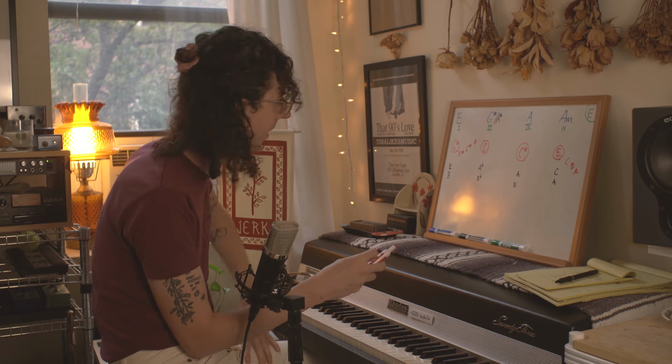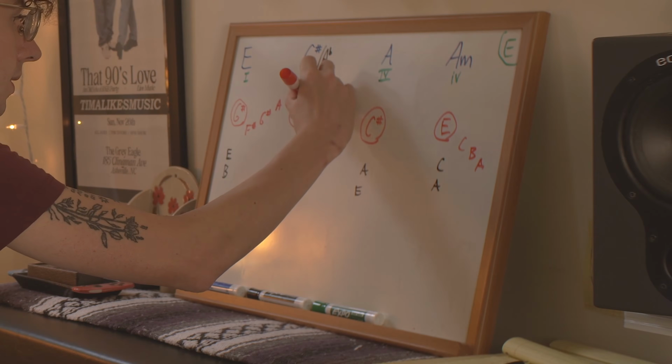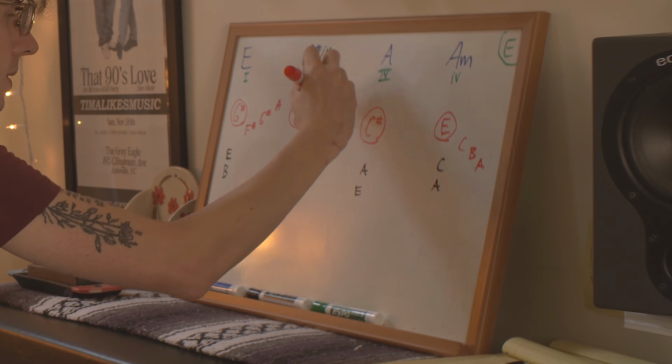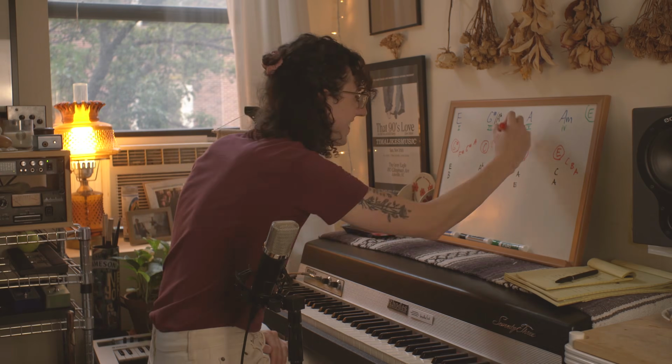Not that that really matters, but so I'm doing C, C sharp, E flat, and then E, or D sharp because we're in the key of C. But I'm gonna put E flat because we're thinking in A flat right now. Oh, never mind. I'm gonna use D sharp.